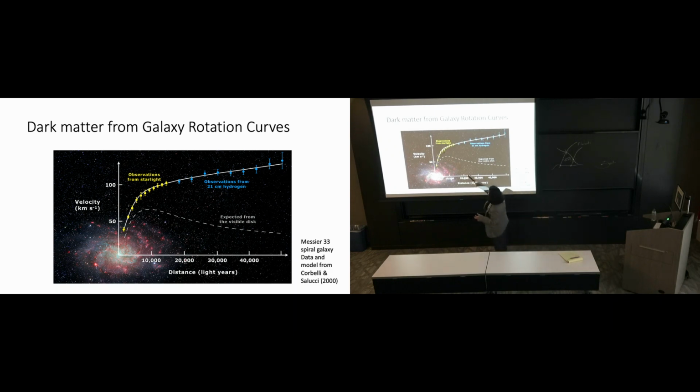But in fact, there must be lots and lots of dark matter in these galaxies as well, which causes a deeper gravitational potential, which causes stars to move more quickly when they're orbiting the galaxy.